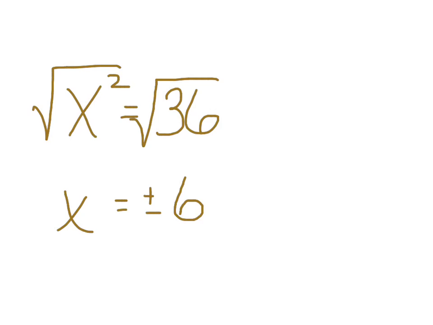Square rooting in equations when solving always has a plus or minus. Here's why. What's 6 squared? 36. What's -6 squared? They're both the same, right? Therefore, anytime you square root in order to get rid of a square, you must have plus or minus. Okay? What do you think of that problem?